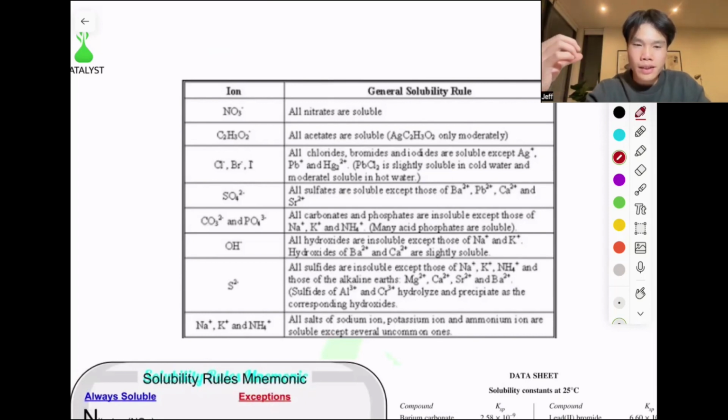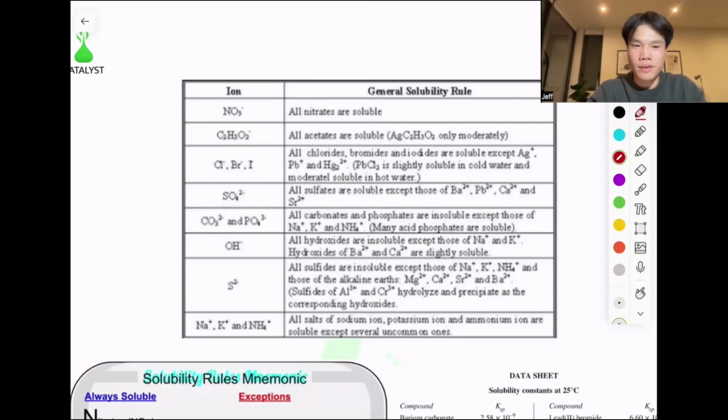Sulfates are all soluble except for those with barium, lead, calcium, and strontium. Carbonates and phosphates are insoluble except those with sodium, potassium, ammonium. Hydroxide is insoluble except for those with sodium, potassium, and hydroxide with barium, calcium are slightly soluble. Sulfides we don't really care about, and sodium, potassium, and ammonium, these are all soluble.